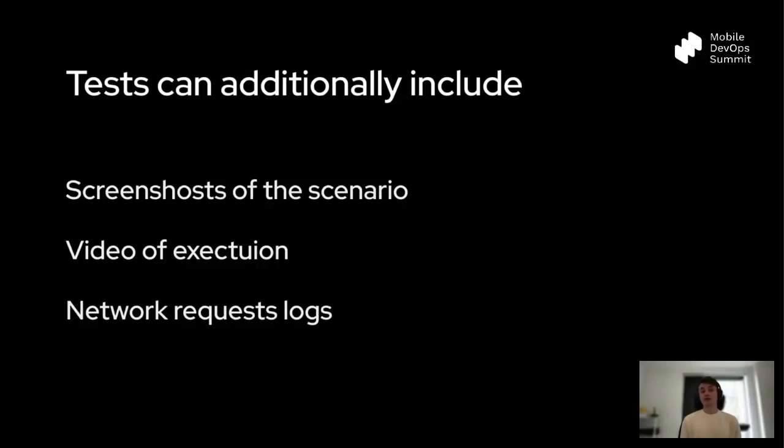Along with that, a network requests log can also be provided, along with more extensive test reports. All these small details can make debugging of UI tests much, much easier. So this is why I really recommend trying to include as many of those artifacts as possible, to make the logging easier and tracking the issues a much faster process.